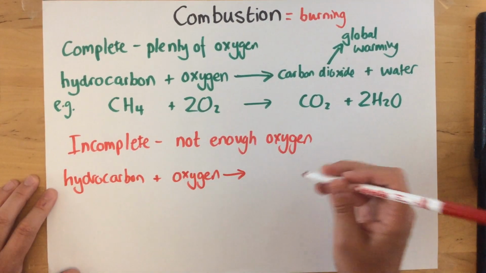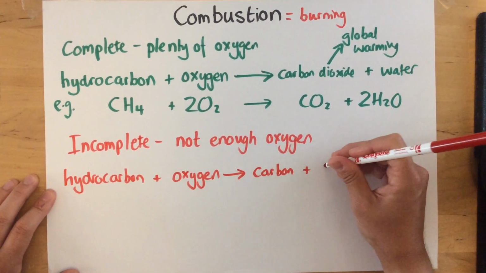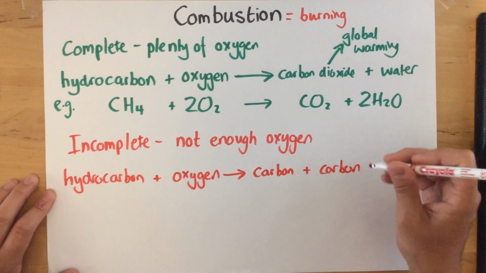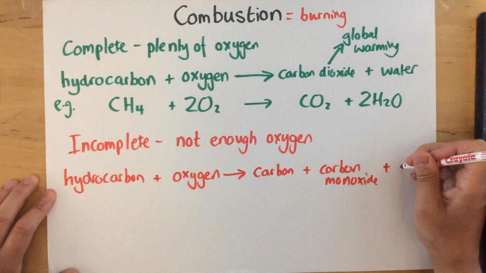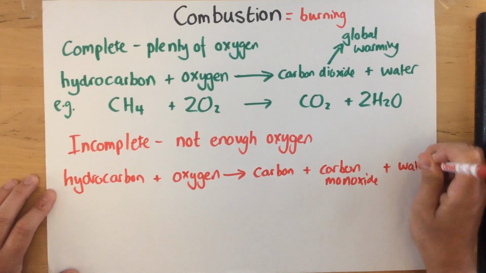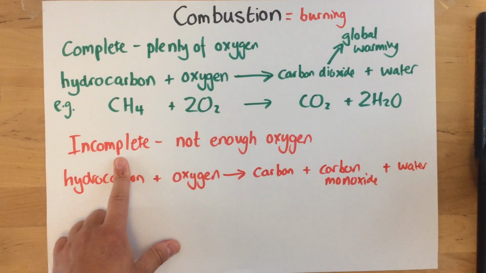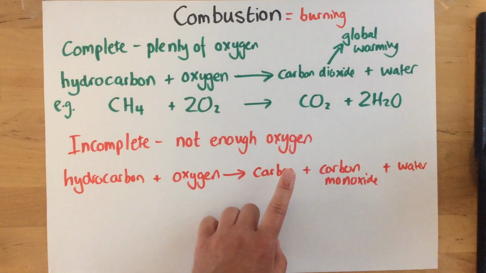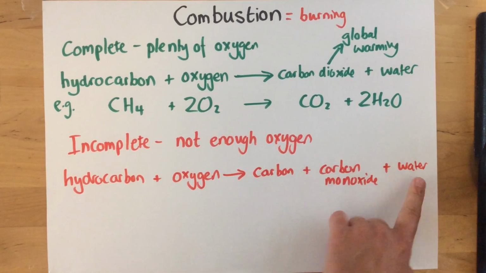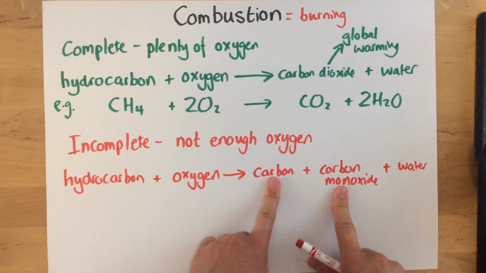Now this time, I might have these products instead: carbon plus carbon monoxide plus water. Now, in reality, during incomplete combustion reactions, I'm going to have a mixture of carbon dioxide, carbon monoxide, carbon and water. But the important thing is to know that we do produce, during incomplete combustion, these two substances.